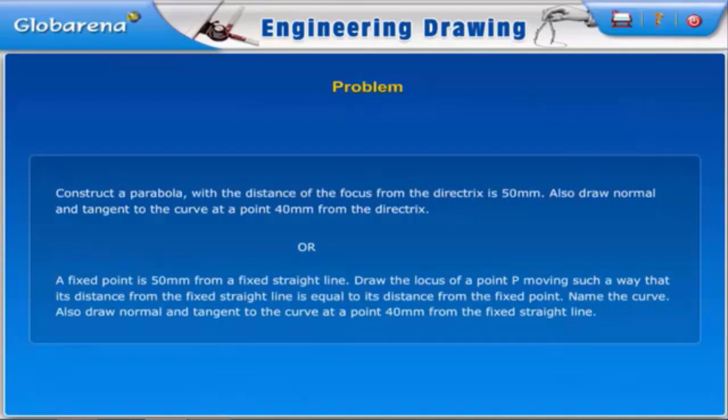Draw the locus of a point P moving in such a way that its distance from the fixed straight line is equal to its distance from the fixed point. Name the curve. Also, draw normal and tangent to the curve at a point 40 millimeters from the fixed straight line. The constructional procedure for the above problem is as follows.